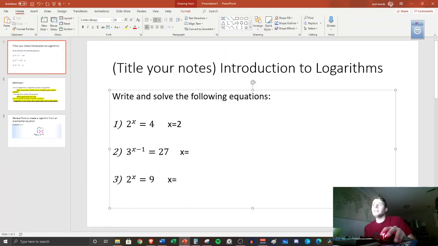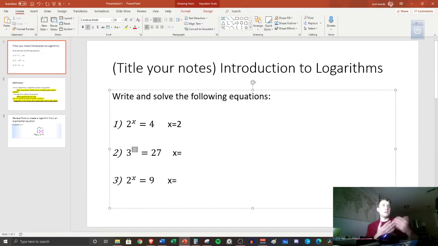Now, we step it up just a little bit, right? We have 3 to the x minus 1 equals 27. Right off the bat, if we don't think about what's up here, and we just said 3 to some power equals 27, hopefully most people would arrive that it should be 3 up here.